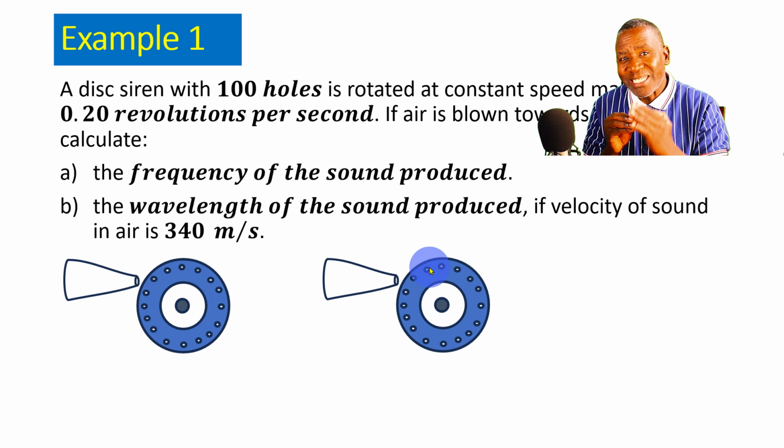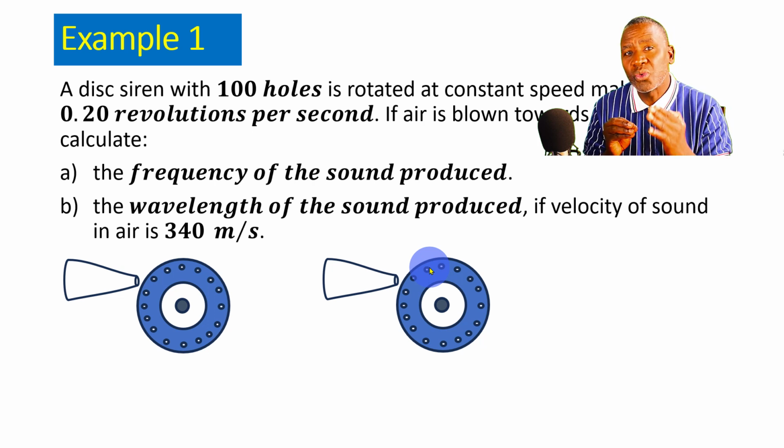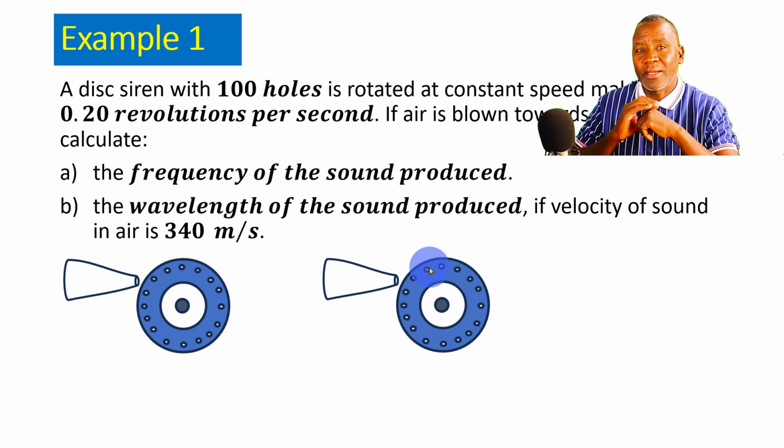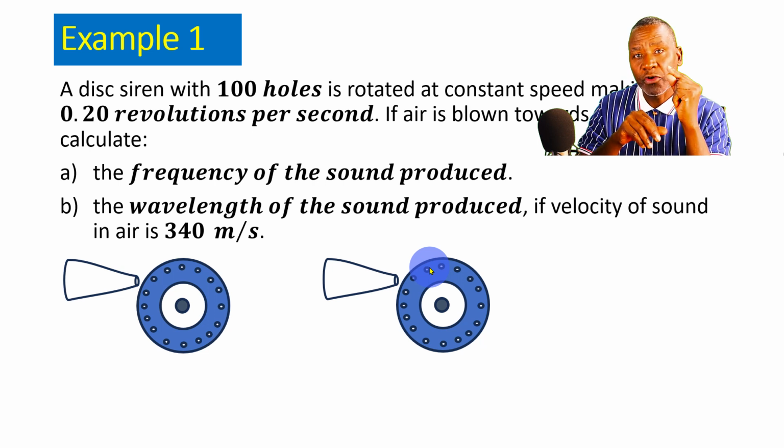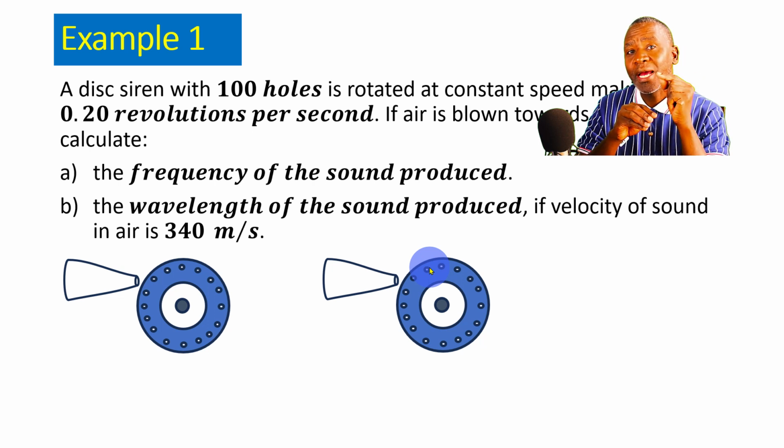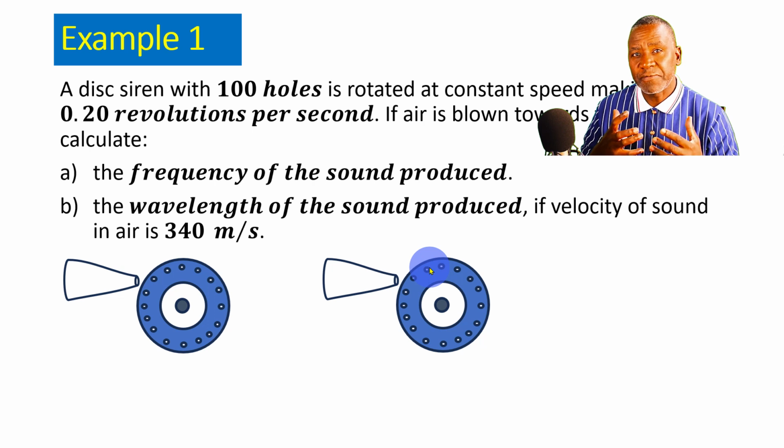That will be 32 interruptions per second, because the disk is making 2 revolutions per second, and each revolution has 16 interruptions.